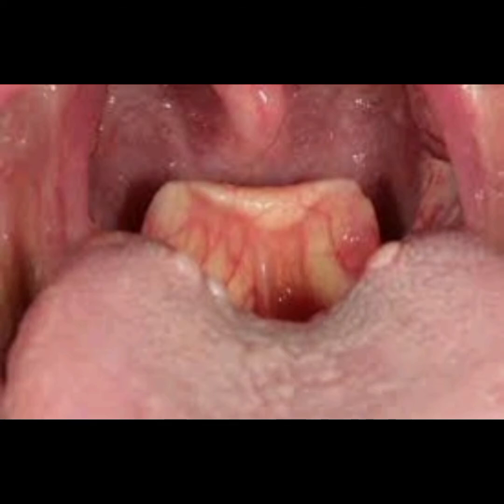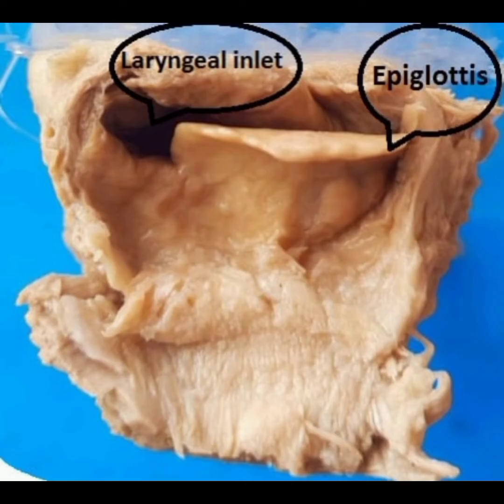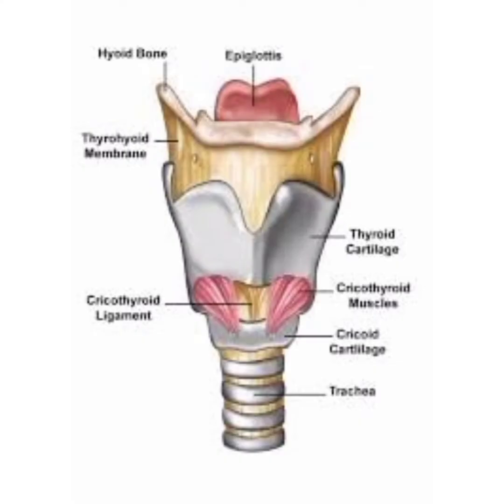In addition, this larynx is very flexible because of the presence of smaller elastic cartilages, and these elastic cartilages are epiglottis, cuneiform, corniculate and a part of arytenoid.